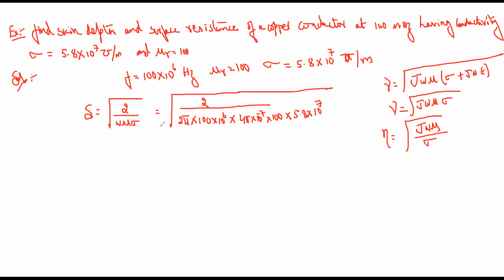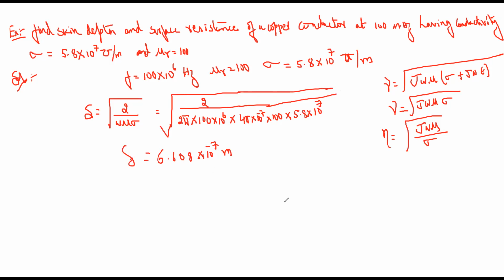Got it, my dear students? Now you can simplify this total value to get the skin depth. That is 6.608 into 10 to the power of minus 7 meters. This is the skin depth delta.